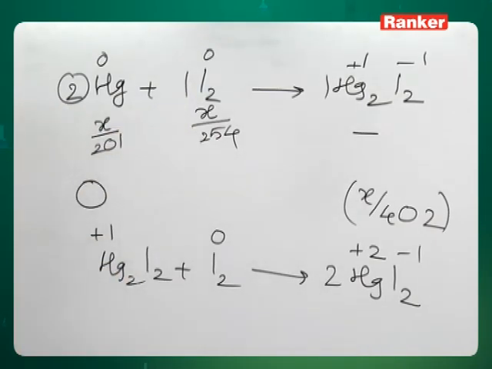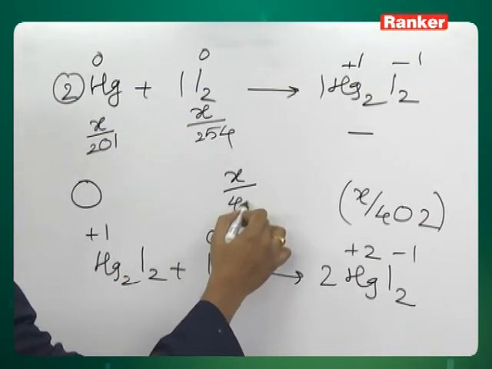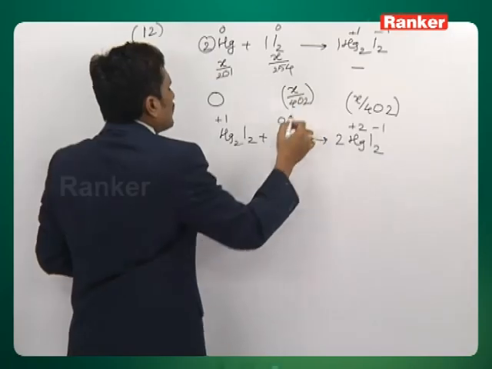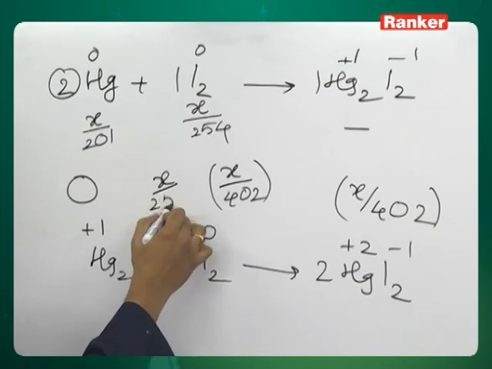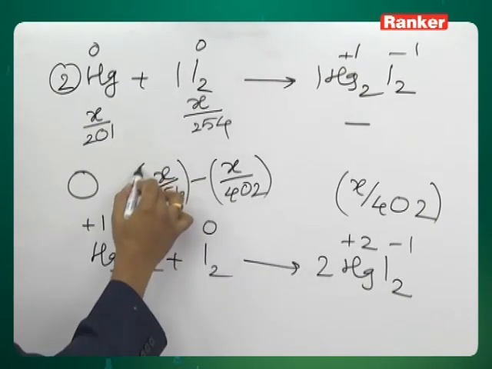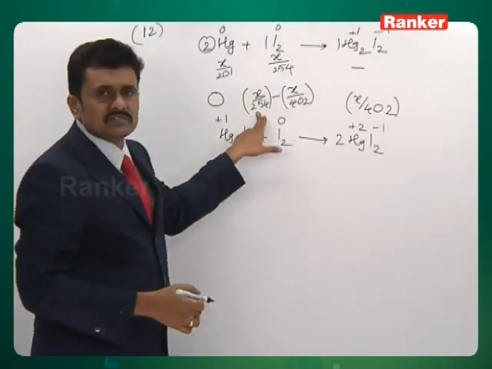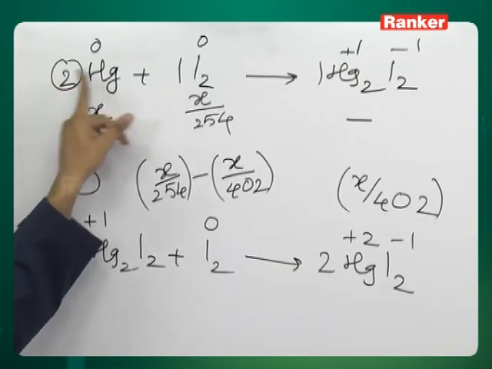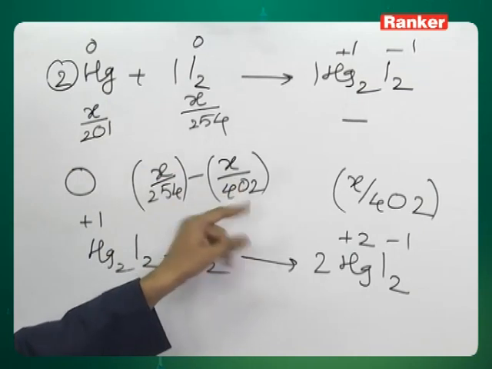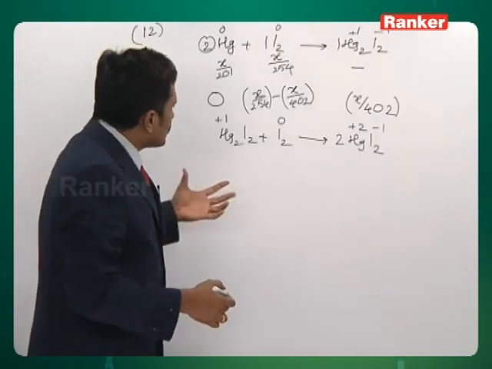For every x by 201, x by 402 gram moles of I2 will react, and the gram moles of I2 remaining are the initial moles, x by 254, minus the x by 402 moles of I2 that reacted, from this mole ratio 2:1.